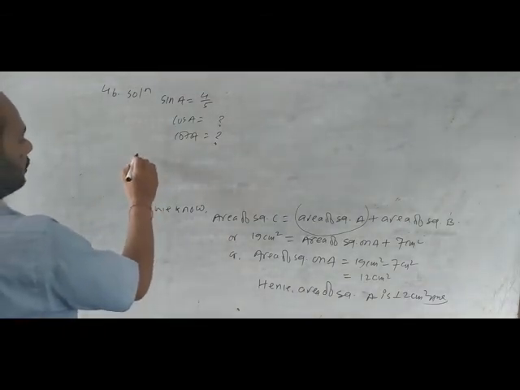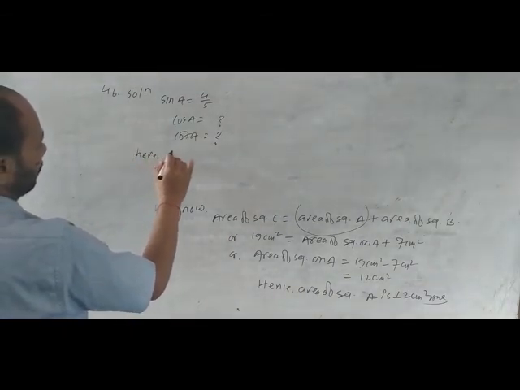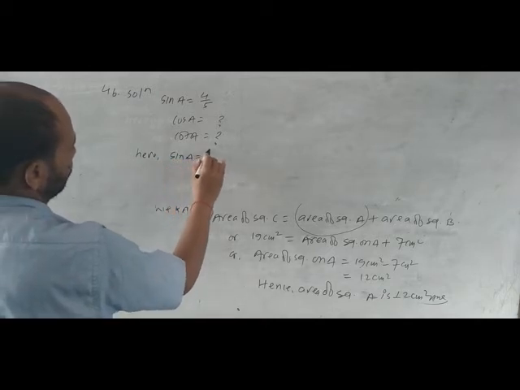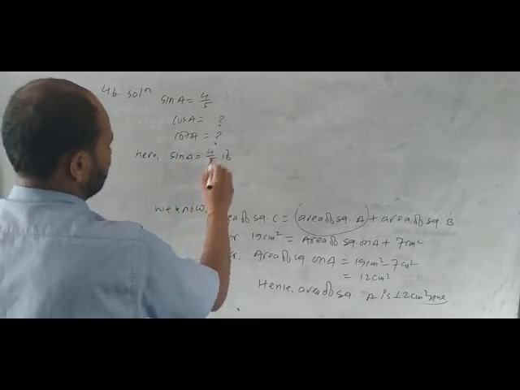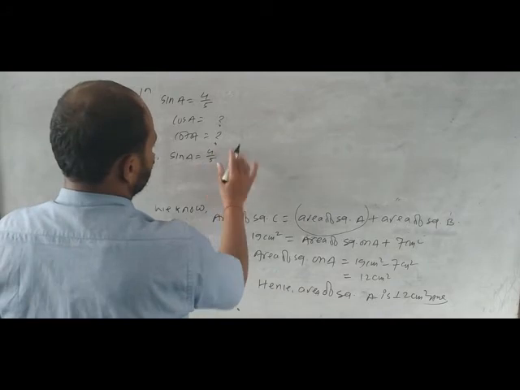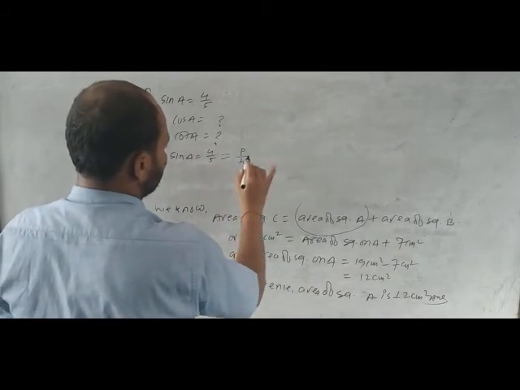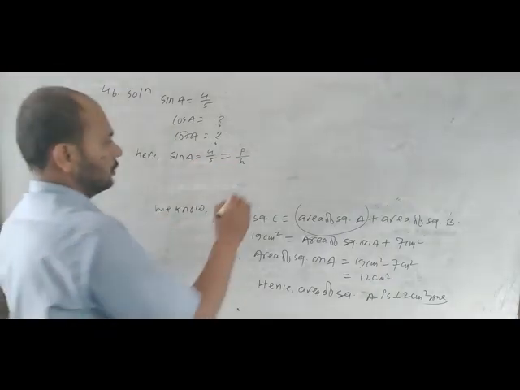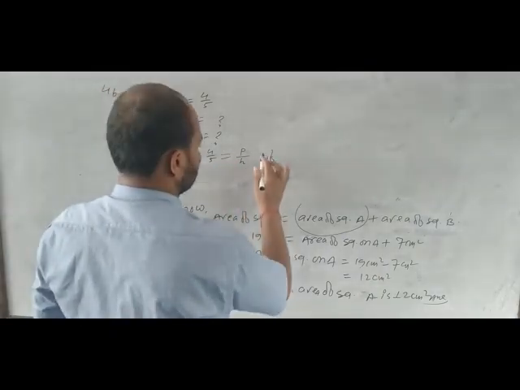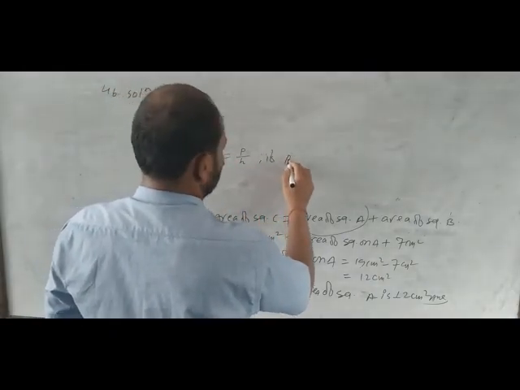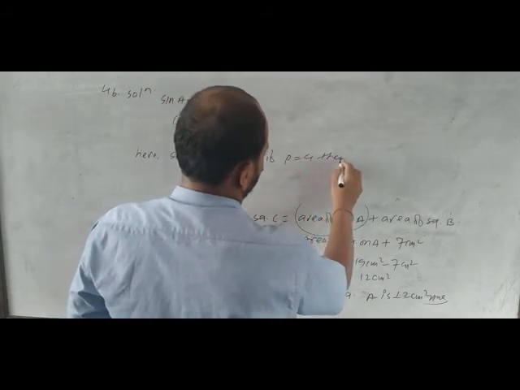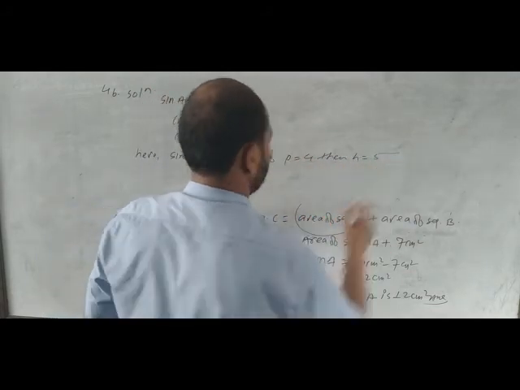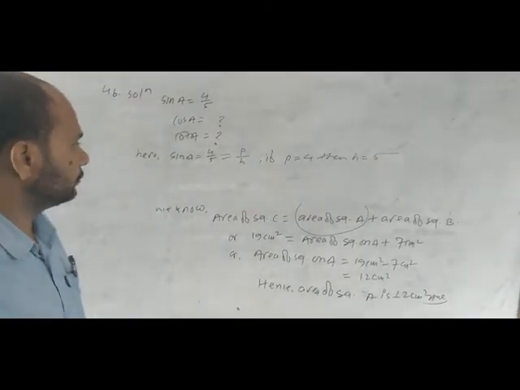Okay, here we have given sin A is equal to 4 by 5. You write here P by H, you know sin A, what is the ratio of sin A? P by H. So here if P is equal to 4, then H is equal to 5. First you write in this way.